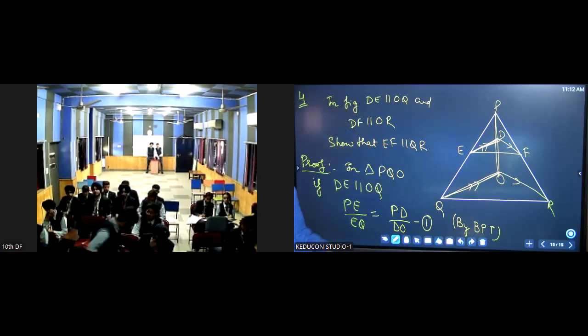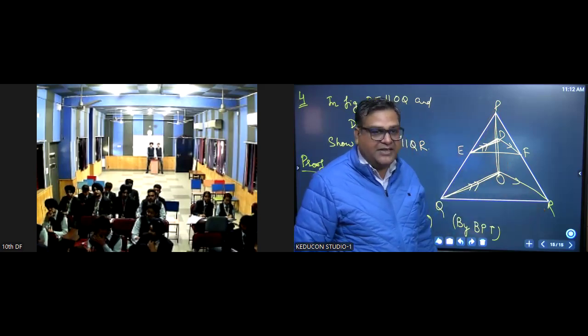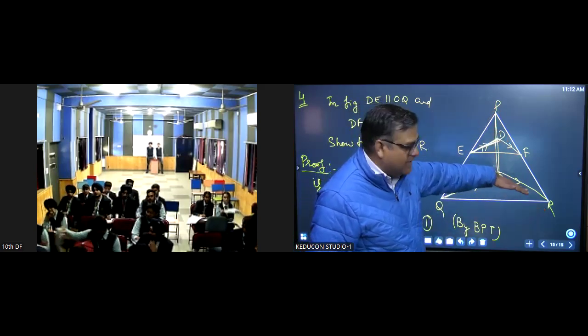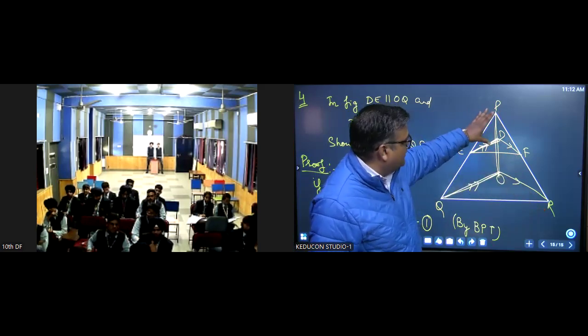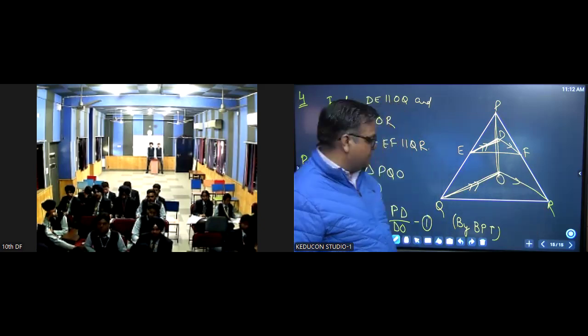Similarly, in triangle POR, DF is parallel to OR. Therefore, PD upon DO will be equal to PF upon FR.